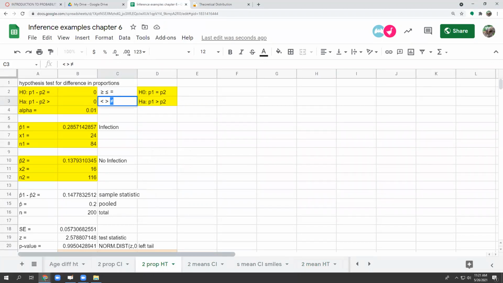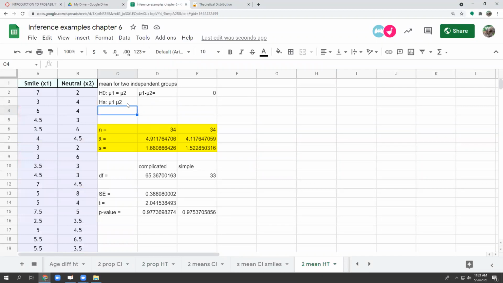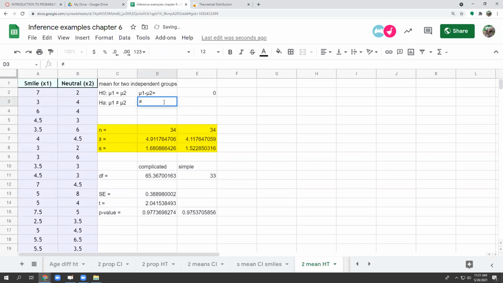In a spreadsheet, you've got to kind of copy and paste them. Paste order's messed up. There we go. mu1 minus mu2 is not equal to 0.